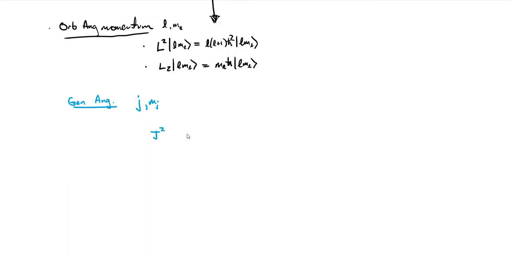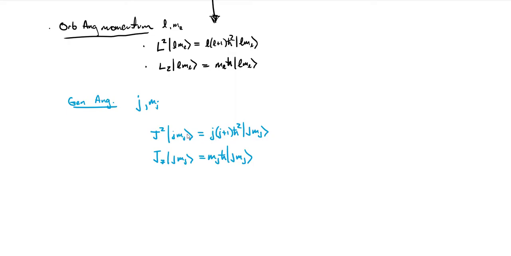There are generalized J squared operators that have the same sort of form of eigenvalue equations that the other two types of angular momentum we looked at had. A z component one also has these types of eigenvalue equations.